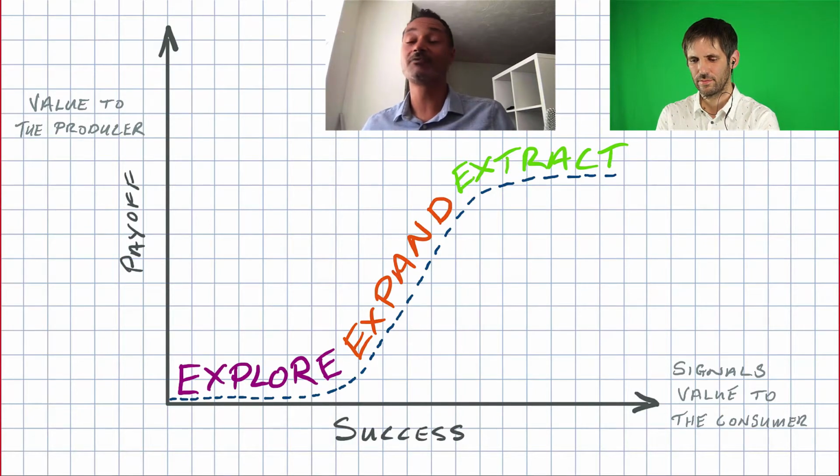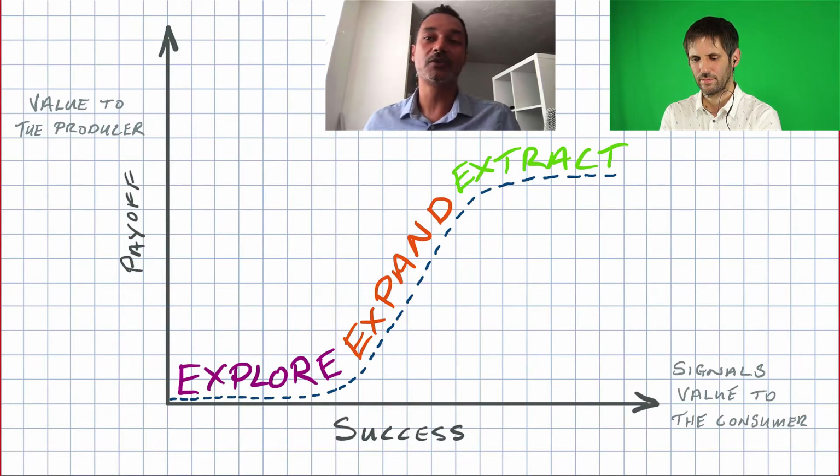The expand phase is largely about just survival, because it may be growing at such a fast rate that you literally have to throw infrastructure and manual processes and people at it just to survive. But once that starts to tail off and success slows down and the payoff slows down, then you're into extract. At that point, it may be more beneficial to look at how we can start automating or simplifying or lowering the operational costs of how we got through that expansion phase.